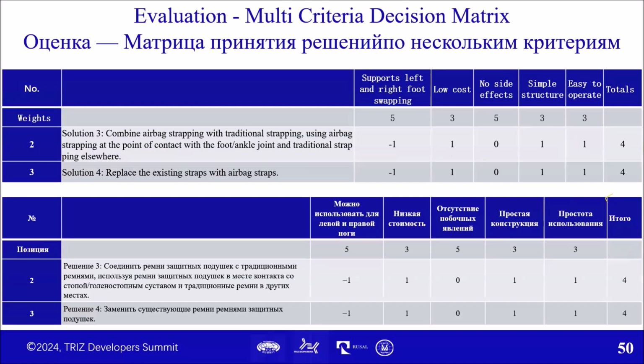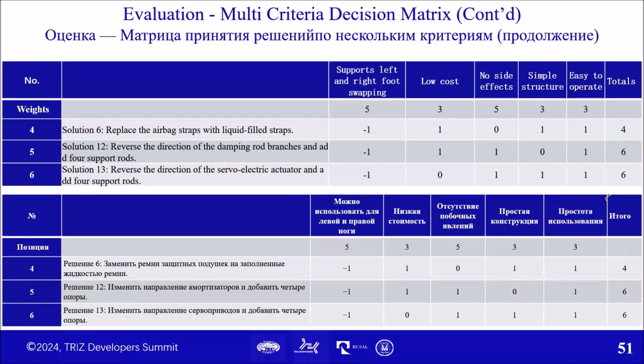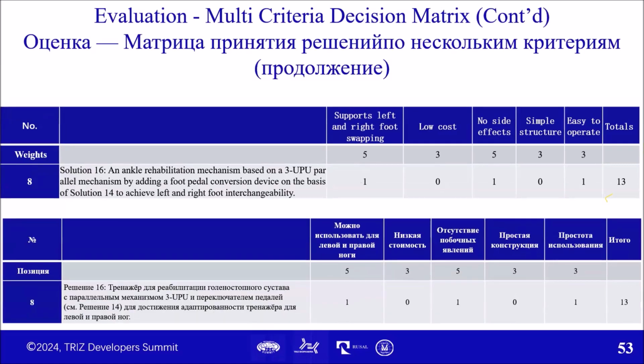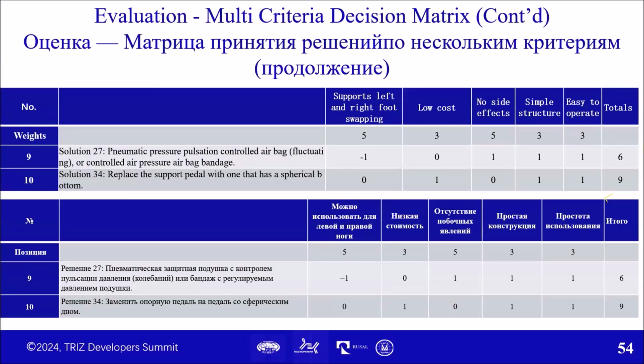Low cost, no side effect, simple structure, and easy to operate were the scoring standard, where 1 point is for very good compliance, 0 point for good compliance, and negative 1 point for no compliance at all.